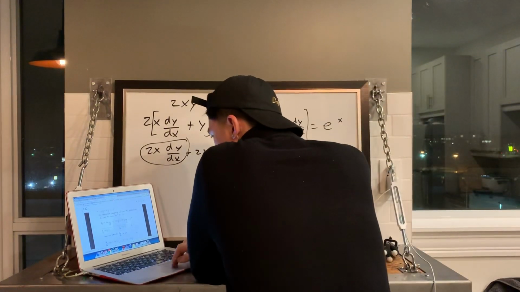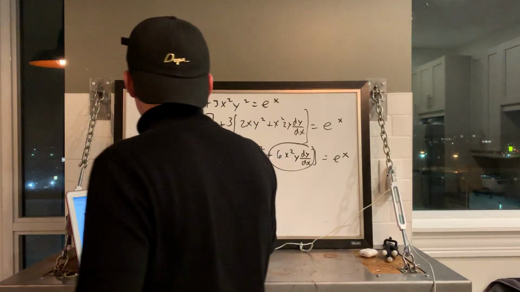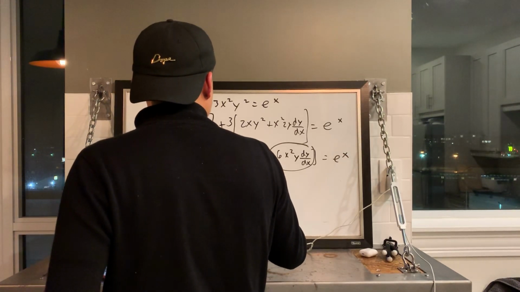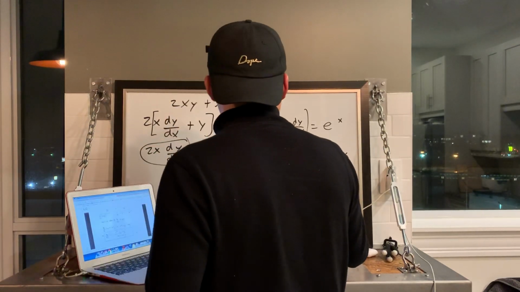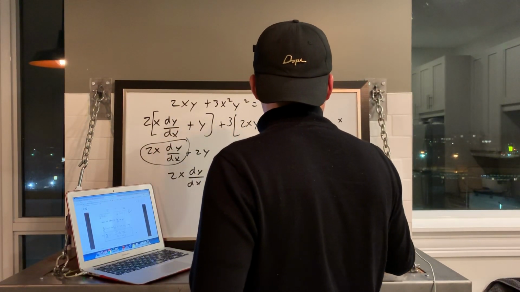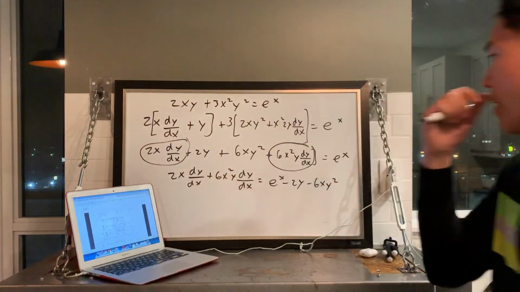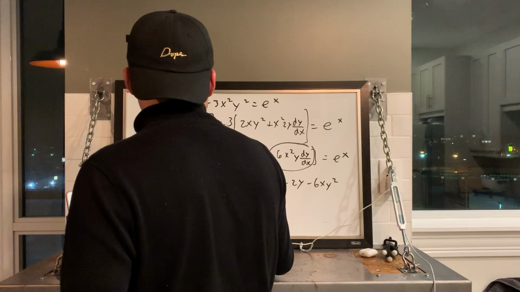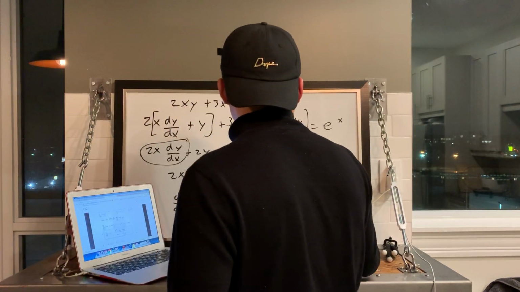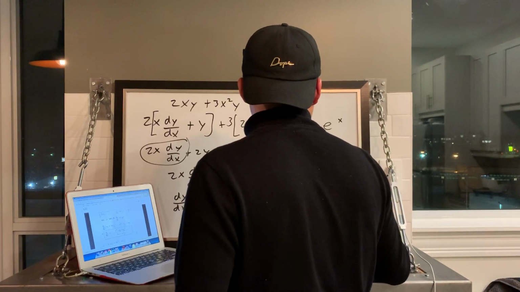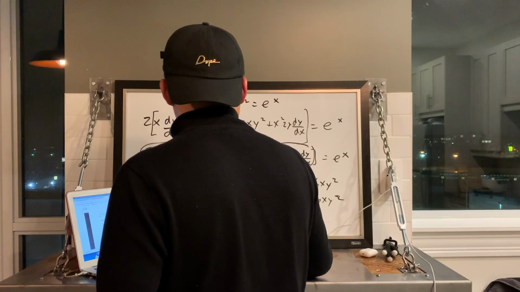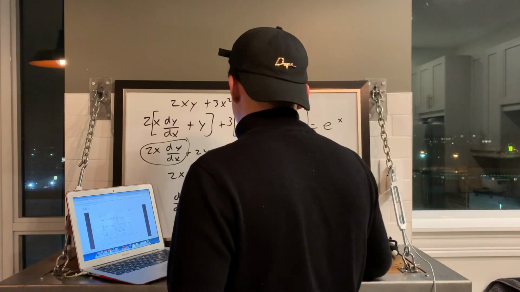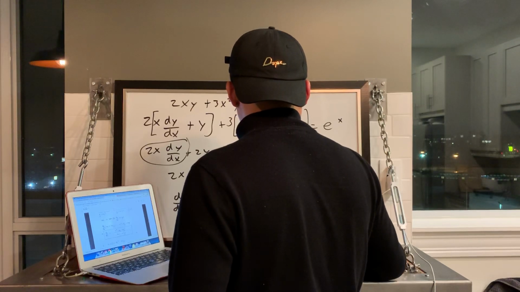So what I would do is I'd have 2x plus 6x squared y times dy dx, and then dy dx equals e to the x minus 2y minus 6xy squared, all over 2x plus 6x squared y.